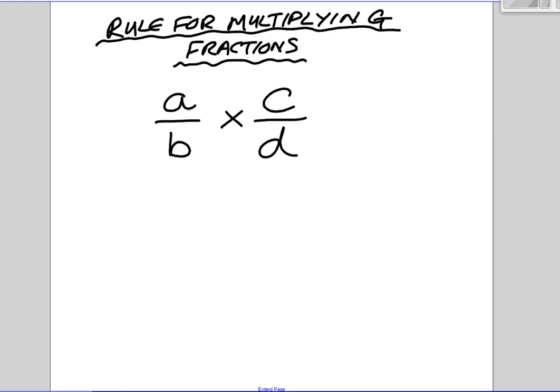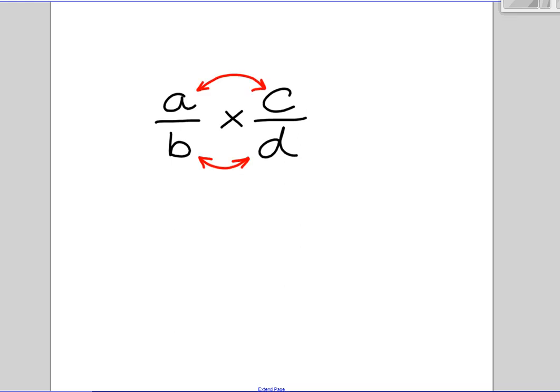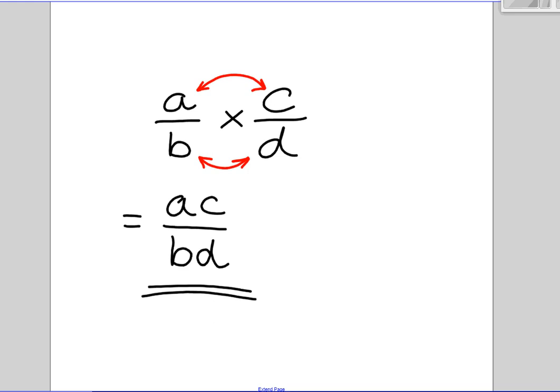The rule is a lot easier than adding and subtracting. It's simply multiply the tops together, multiply the bottoms together. That's what the little arrows are indicating here. So it'll be a times c and b times d. If the letters are different, just stick them together. ac over bd. We don't have anything similar top and bottom, so that's your final answer.